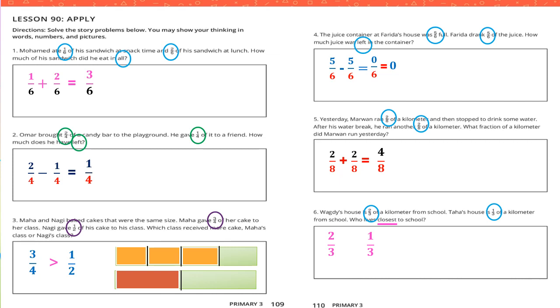We have the same denominators, so it's a normal fraction. Which is smaller, 1 or 2? 1 is smaller than 2. So 1/3 is smaller than 2/3. So Taha lives closest to school.